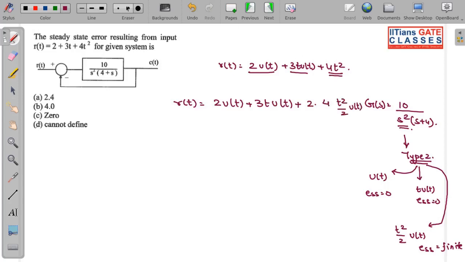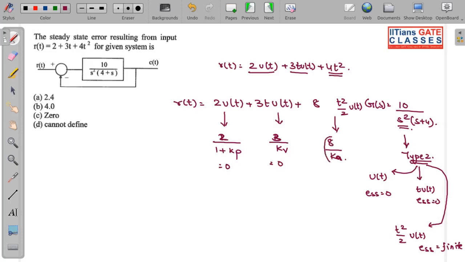So this will be 8. Now for this we have ESS is 1 by 1 plus Kp, for this we will have 1 by Kv, and for this 8 by Ka. Over here this will be 2, over here this will be 3, but all of these will be 0 because this is your type 2 system.